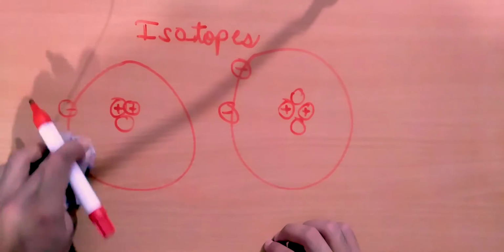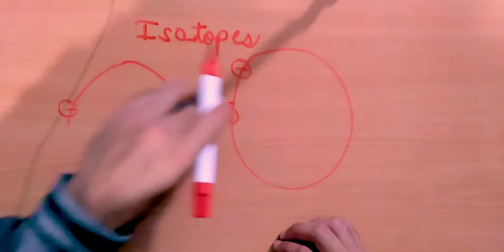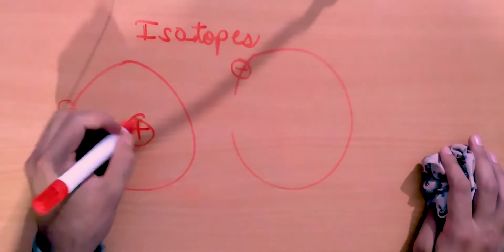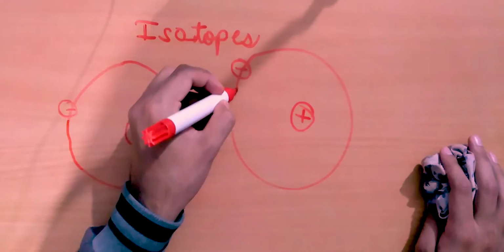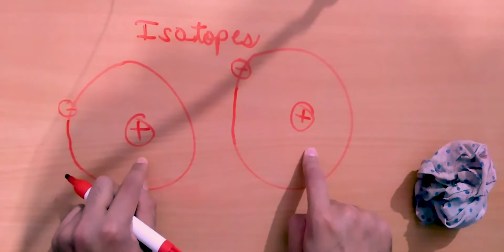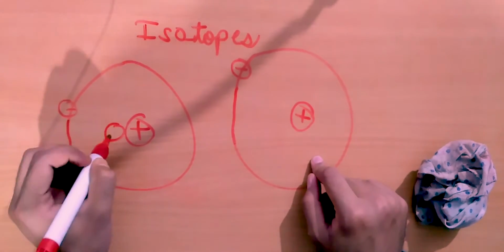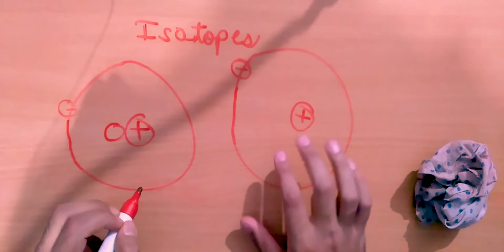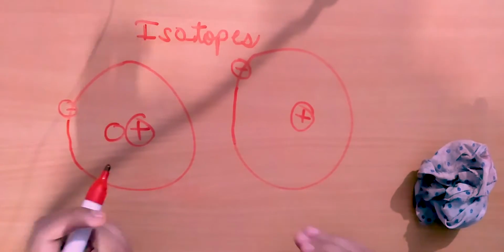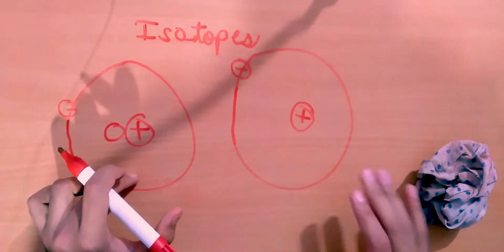Similarly, if I have only 1 proton in the center, so let me just put in the proton here. Because these 2 atoms have only 1 proton each, they'll be called hydrogen isotopes. But let's say this one has a neutron also and this one has no neutrons, so obviously they'll have different masses. This is the first hydrogen isotope, this is the second hydrogen isotope.